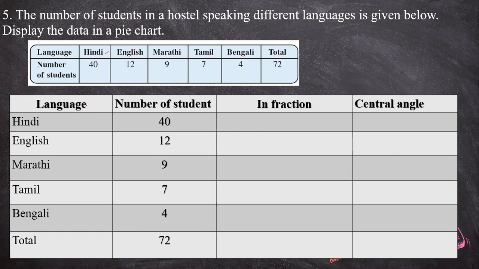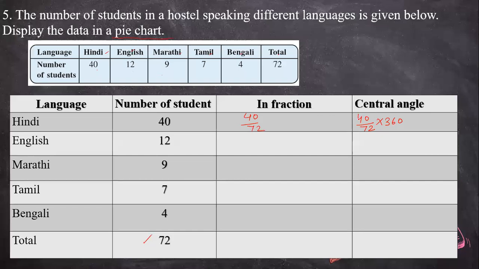As we need to represent the data in a pie chart, we need angles. First of all, we'll find the fraction. Total is 72 and 40 children, so 40 by 72, and the central angle will be 40 by 72 into 360. This thing only we were doing.